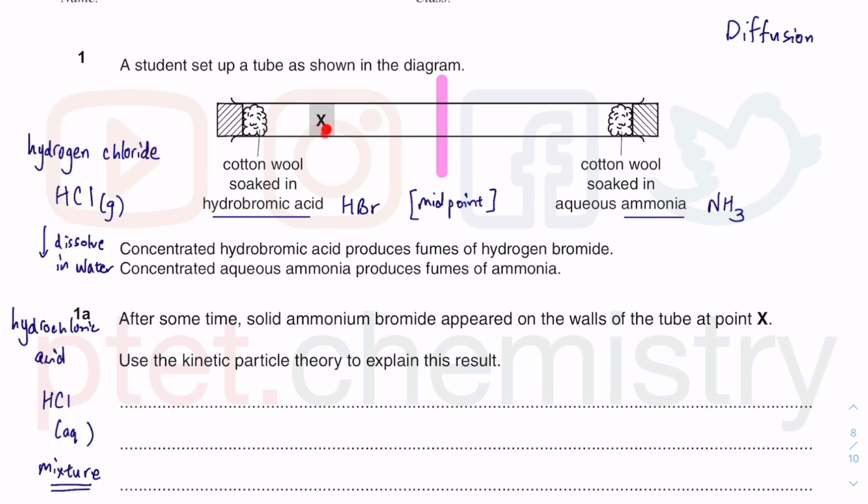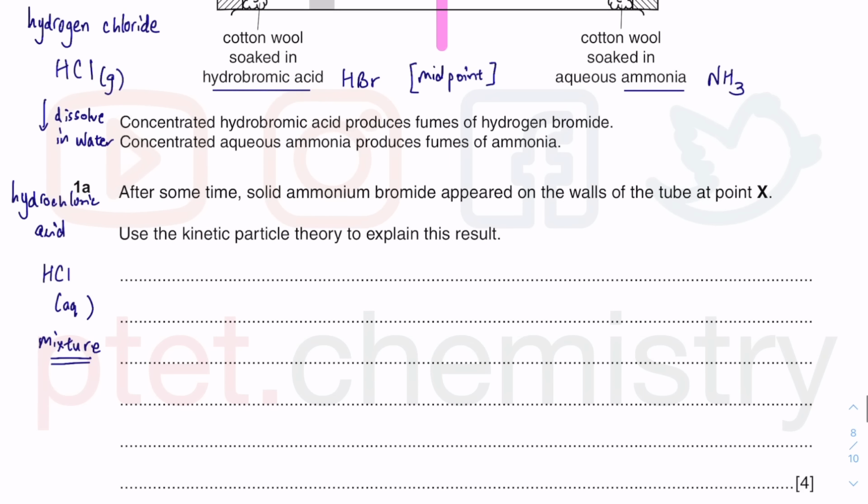That's why the formation of the product, which is formed when HBr reacts with NH3, is that you will get a white solid forming closer to this end, because the HBr travels slower because it diffuses slower. That's why you have the formation of the solid closer to the hydrobromic acid, because this diffuses faster, this diffuses slower. If you meet exactly in the midpoint, they diffuse at the same rate. If you meet closer to this end, it means this side will diffuse faster than this side. Okay, so this is essentially what the question is trying to tell you.